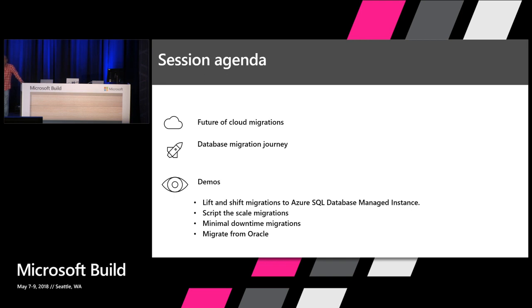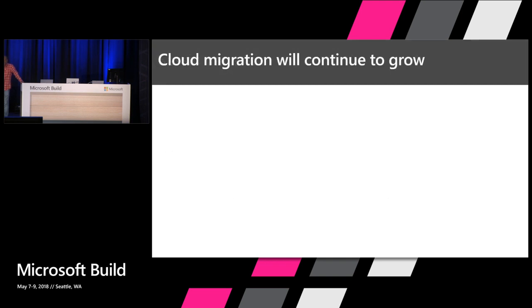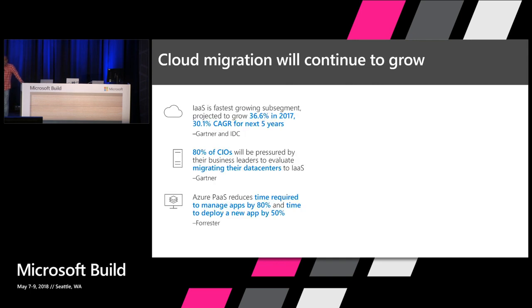So let's get on to the content a little bit. What is the real future for cloud? At Microsoft, we strongly believe that 2018 is the strongest year for cloud migrations. The reason we think that is, if you look at Gartner's report, they projected a 37% growth rate for infrastructure as a service in the cloud.